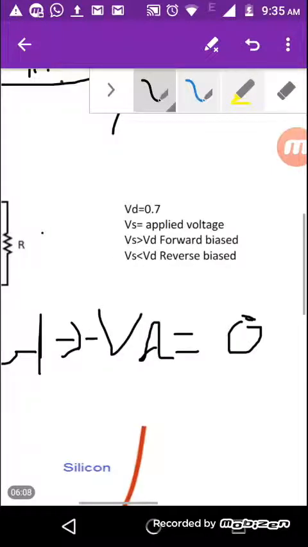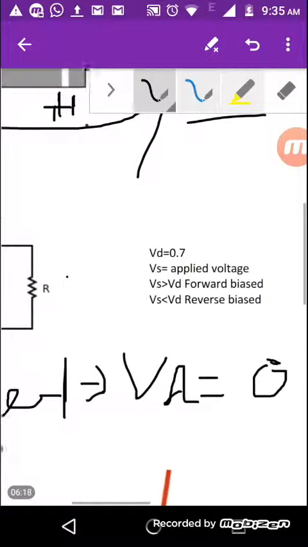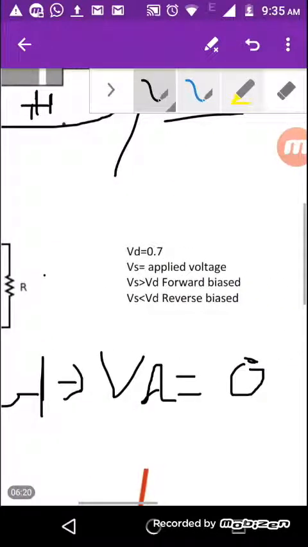Whenever the supply voltage is greater than the voltage of the depletion layer, the diode gets forward biased. That is, whenever Vs is greater than Vd, forward bias condition is seen, and whenever Vs is less than Vd, reverse bias condition is seen in the diode.